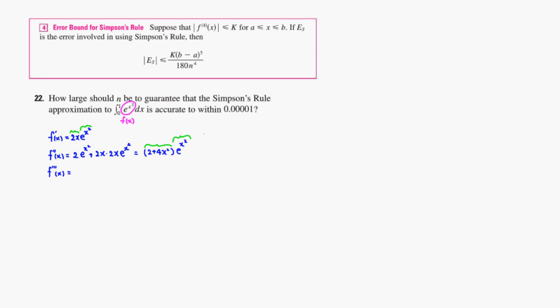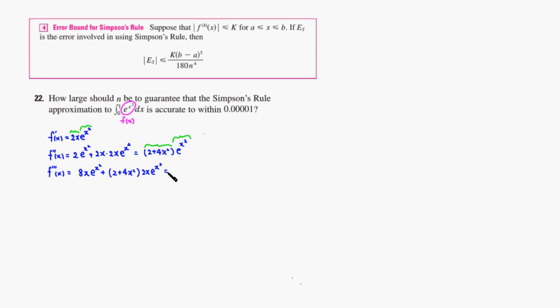The derivative of the first guy: the derivative of 2 is 0, the derivative of 4x squared is 8x, times the second guy, e to the x squared, plus the first guy, you just copy that, 2 plus 4x squared, and the derivative of e to the x squared is 2x e to the x squared.